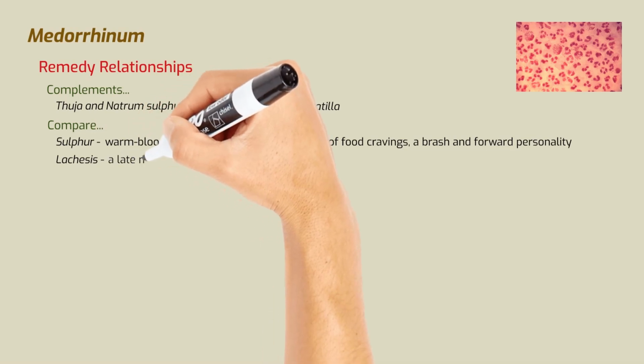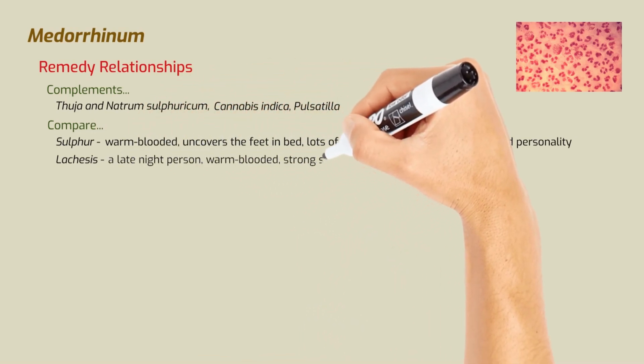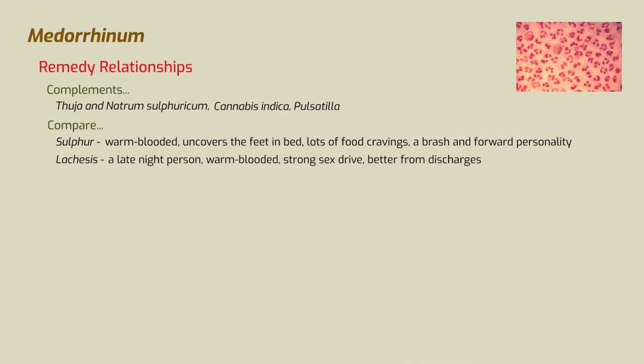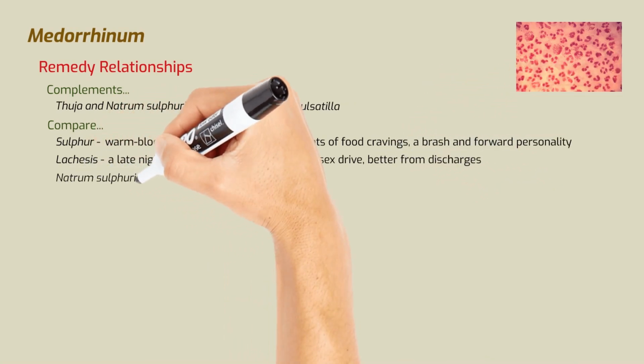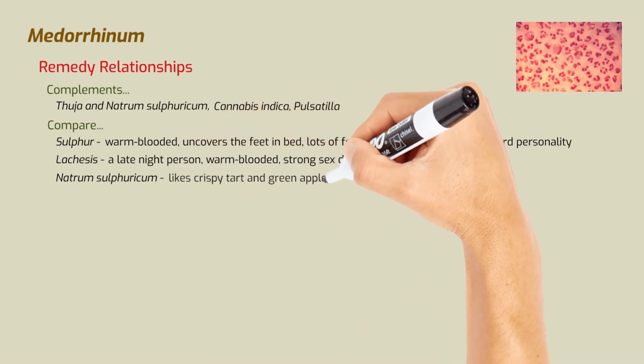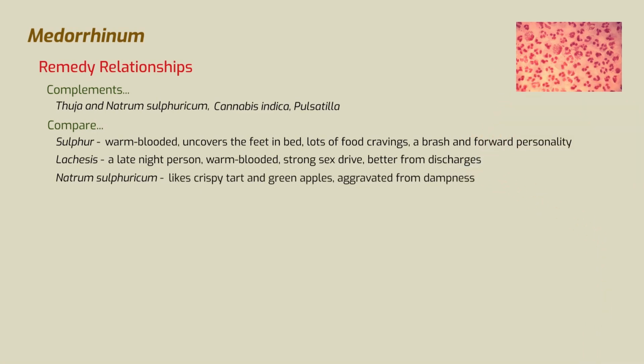Lachesis is also a late-night person, is warm-blooded, has a strong sex drive, and feels better from discharges. Nat Sulf also likes crispy tart and green apples and is aggravated from dampness.